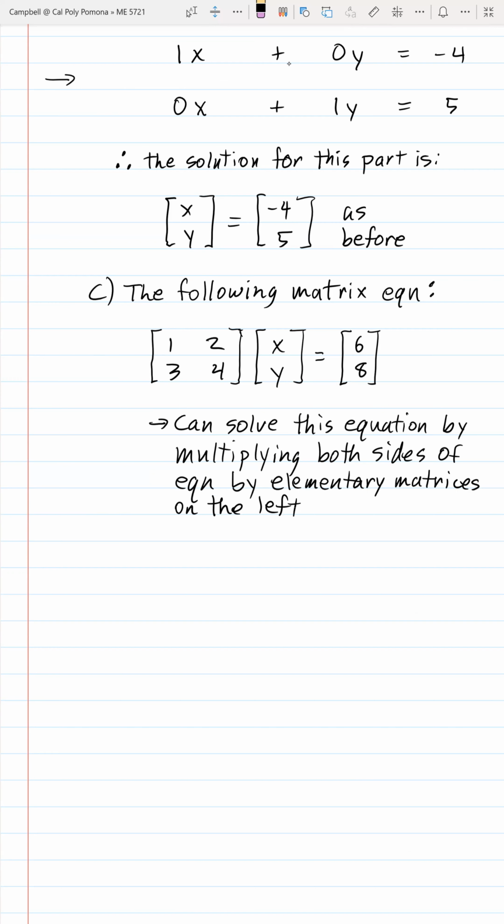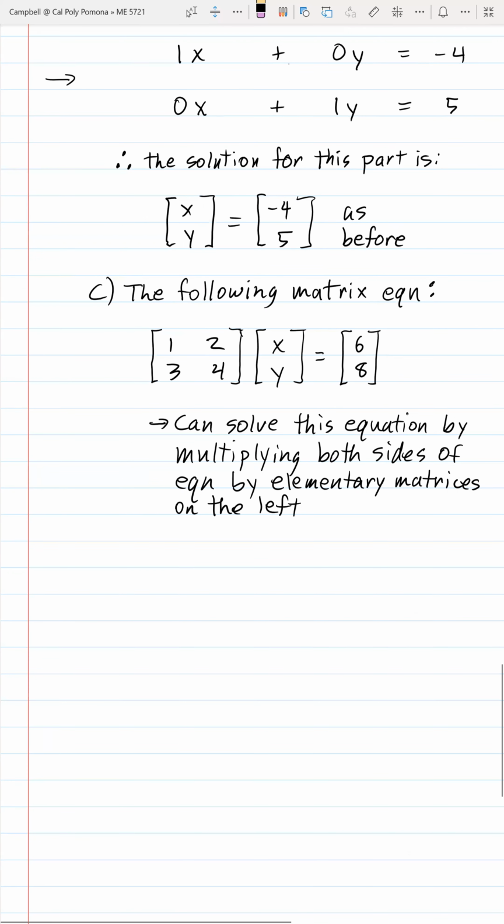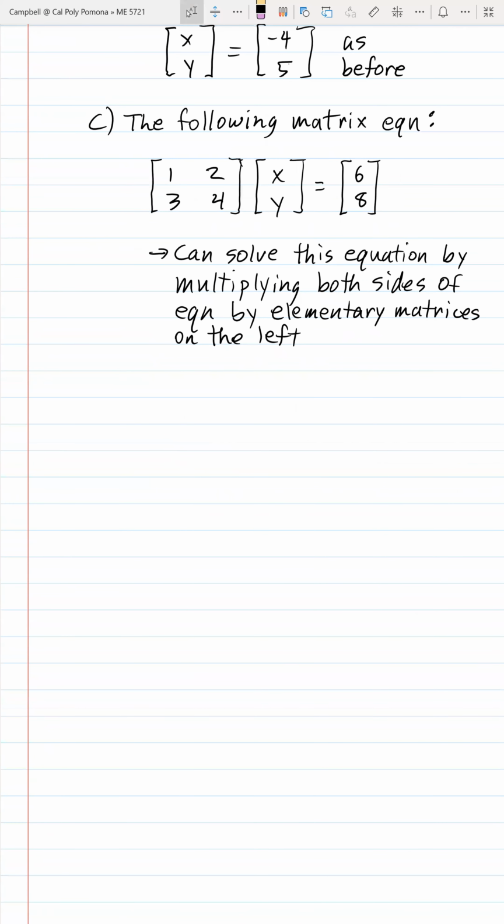Okay, so now we need to understand what in the world these elementary matrices are. So going ahead and defining an elementary matrix. So elementary, or here I'll stay with the plural, elementary matrices.